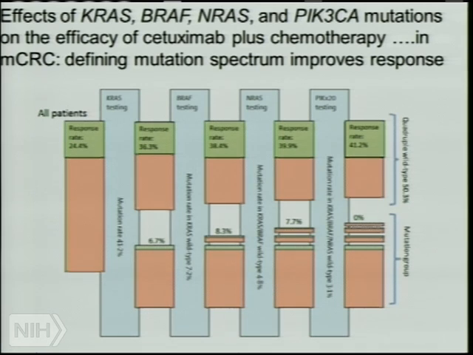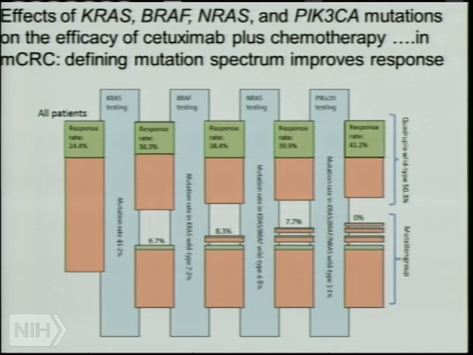And so then what they looked at was the response to cetuximab in these patients, progressively removing each of those mutations, so removing the patient population. So you start out with a 24% response rate, not great. Then look at only wild type KRAS and 36% response rate.